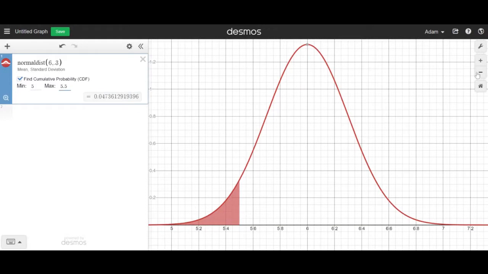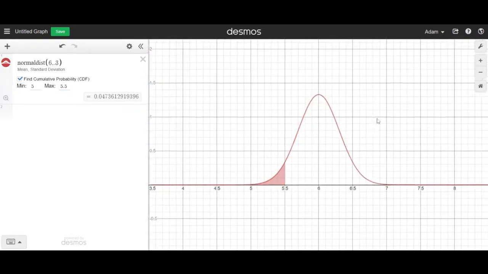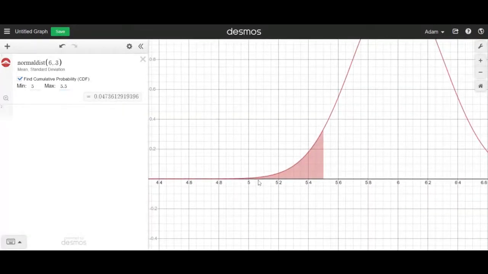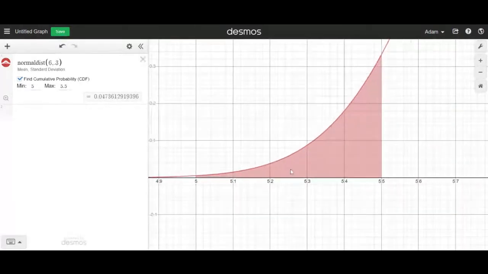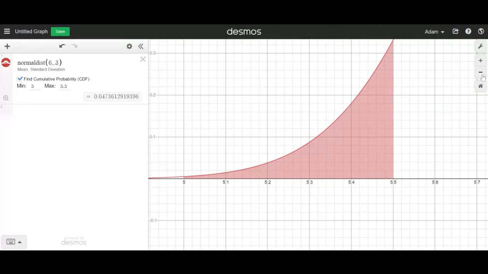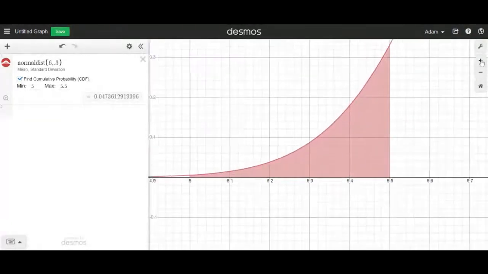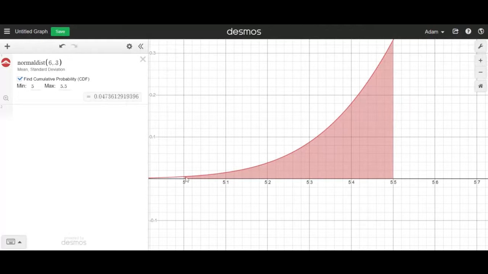What I'm going to do is zoom out a bit, just a little bit. It's kind of hard to see, since the graph is very close to the x-axis, it's a little hard to see what's going on. But if you zoom in, hold on, let me do this. Let me zoom in. You can see that the area is between 5 and 5.5.